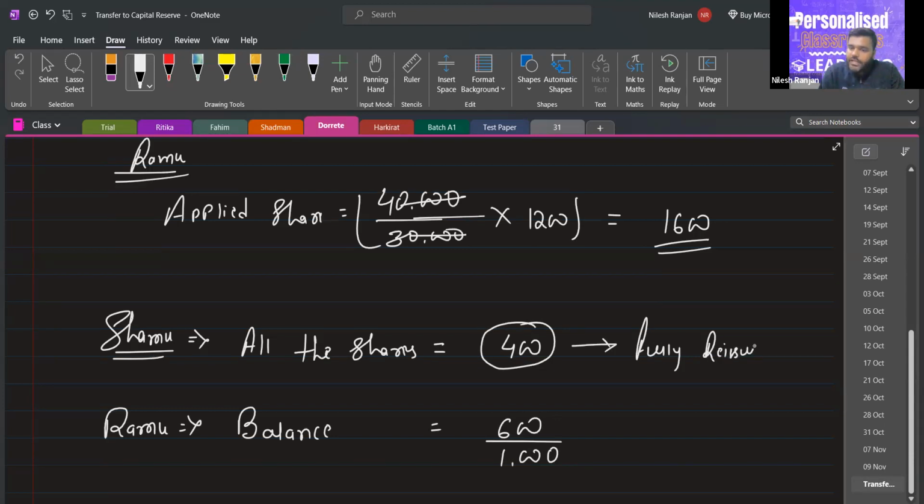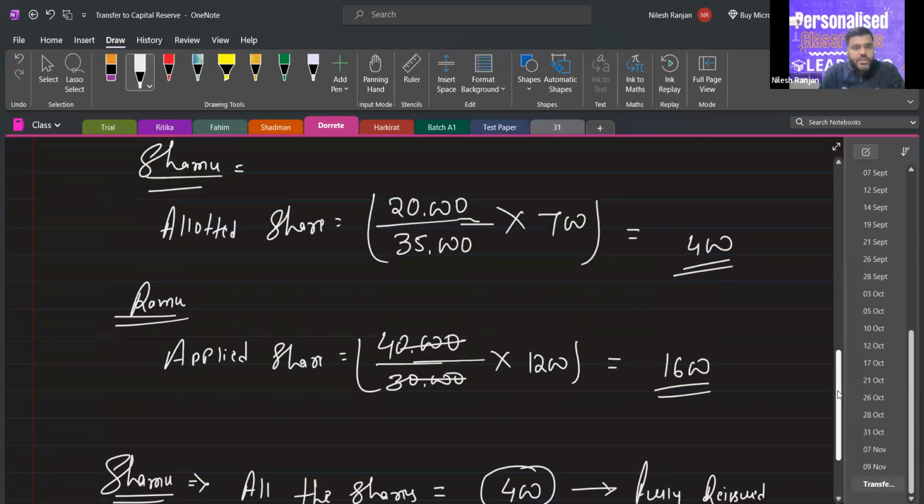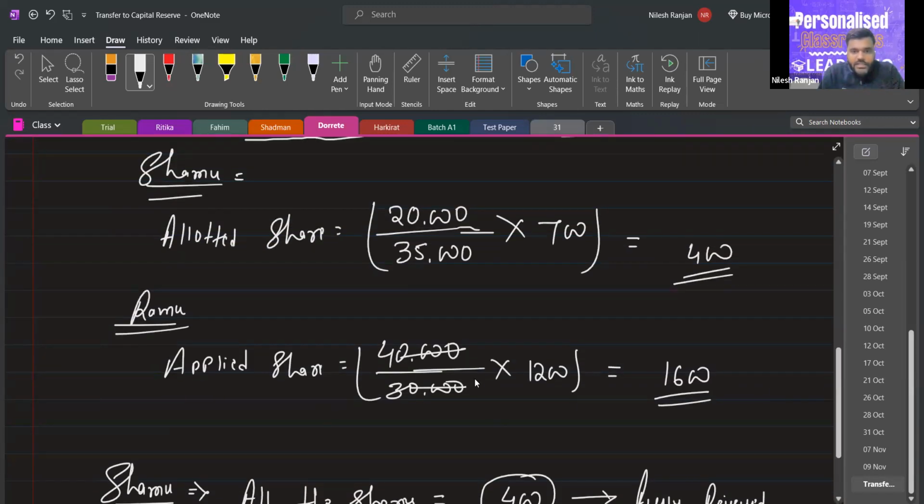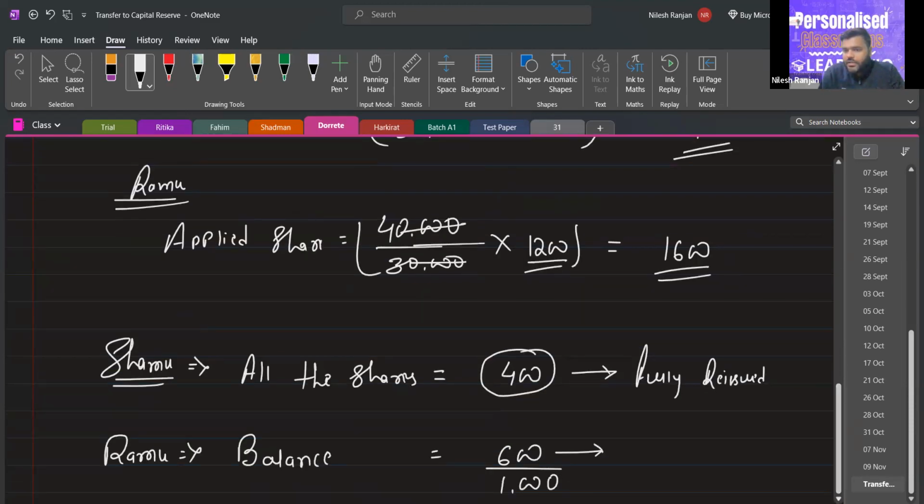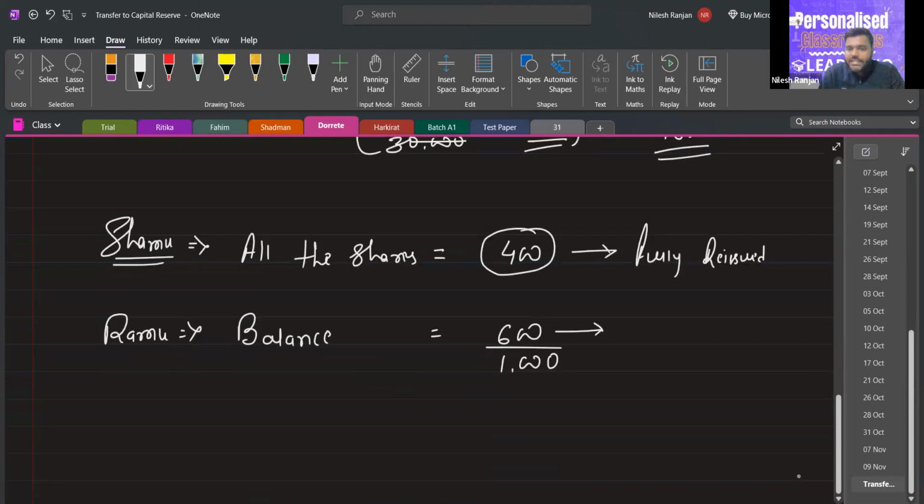Now from Shamu's forfeited shares, we have fully reissued, so we will calculate the amount of capital reserve for Shamu first. Ramu's shares are not fully reissued because the total number of shares Ramu had is 1,200, and we have reissued only 600 shares from Ramu's forfeited shares. That's why the total forfeited amount of Ramu is 4,800, which we have calculated here.